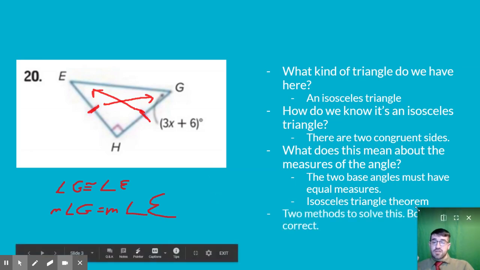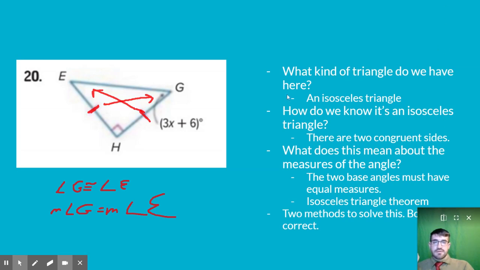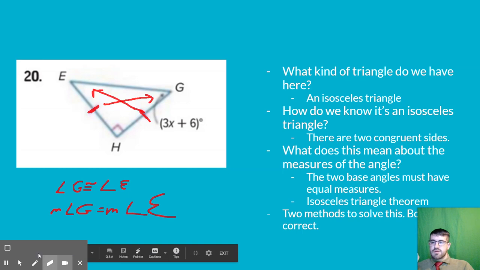And there's two ways to solve this problem. Both of them are correct. So I'm going to erase everything here.